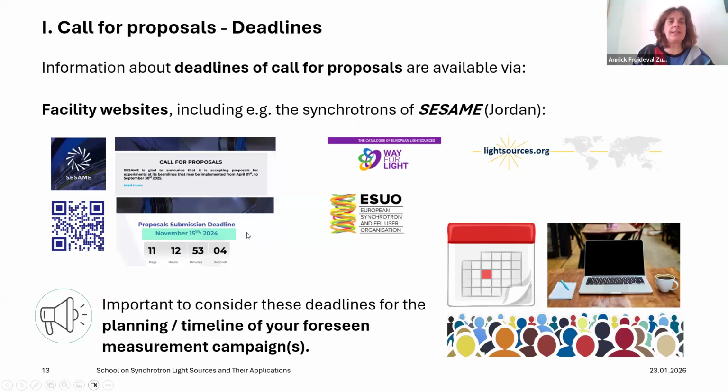So here the message is that it is important to consider these deadlines, the deadline for the proposal submission, for the planning and timeline of your foreseen measurement campaign. So try to anticipate this deadline and organize yourself to be ready with your full proposal written and ready to be submitted by the deadline.